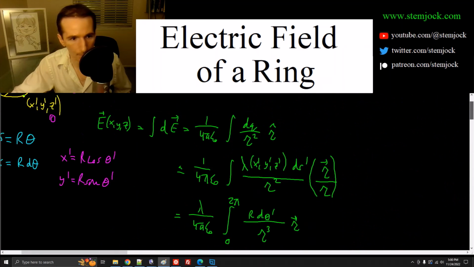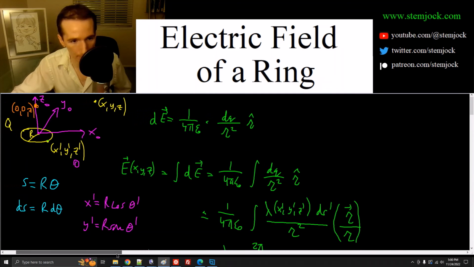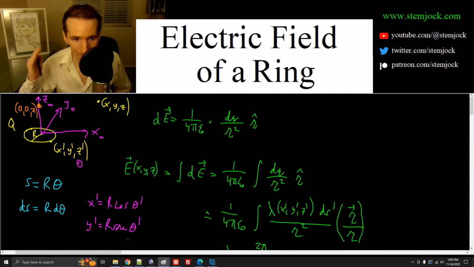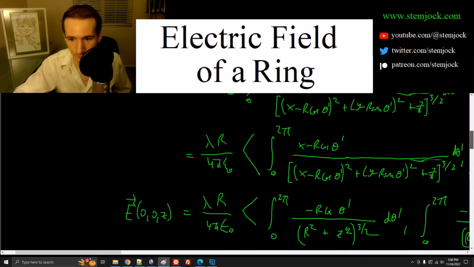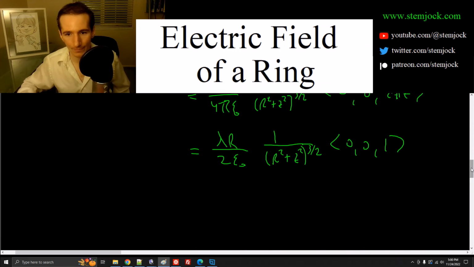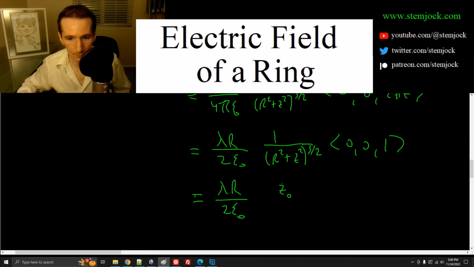And because my coordinate axes are x0, y0, and z0, the unit vector in the vertical direction is z hat 0. So this is lambda r over 2 epsilon 0 times z hat 0 over r squared plus z squared to the 3/2 power.